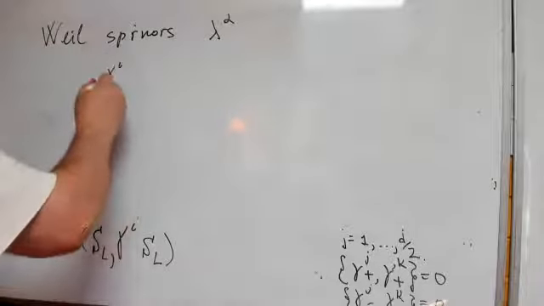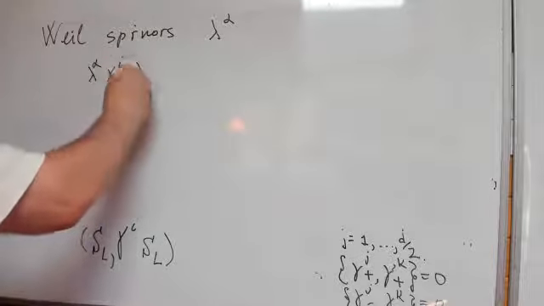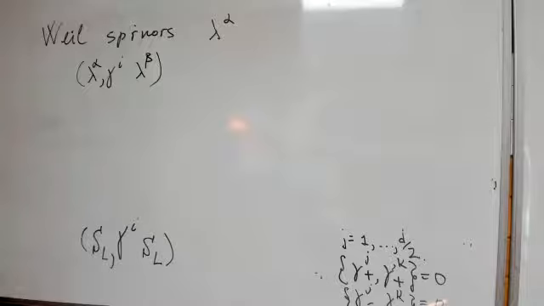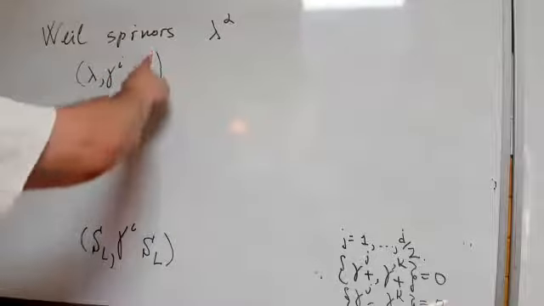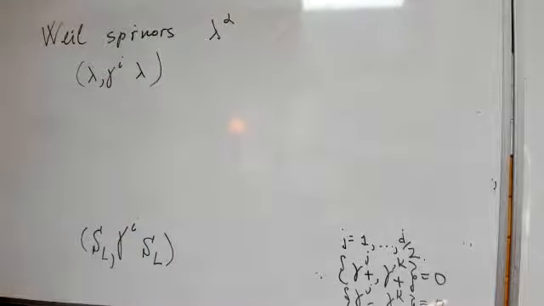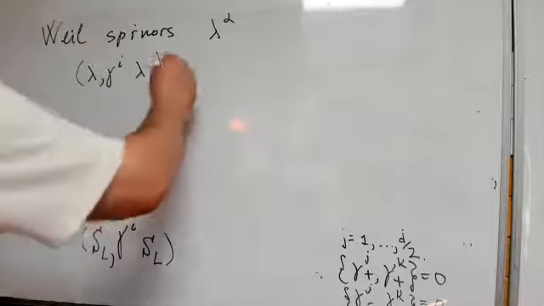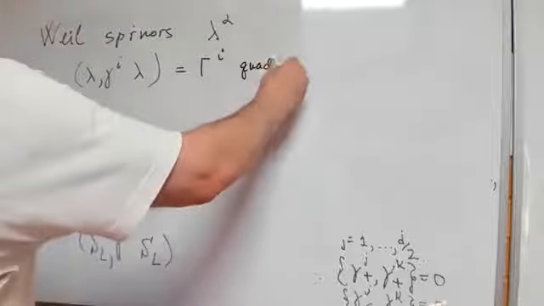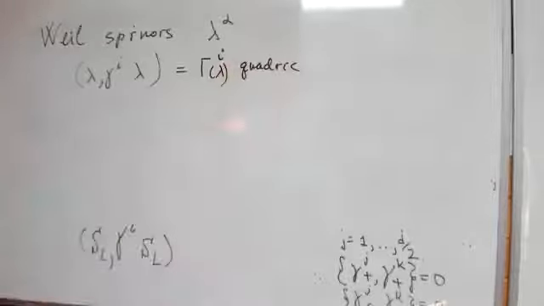So the convention is that I have these quadrics. Here I put lambda and here I put lambda. And this I call gamma I quadric. By quadric, you mean the equation that is 0, or? Oh, at the moment, quadric is a quadratic function. Okay.